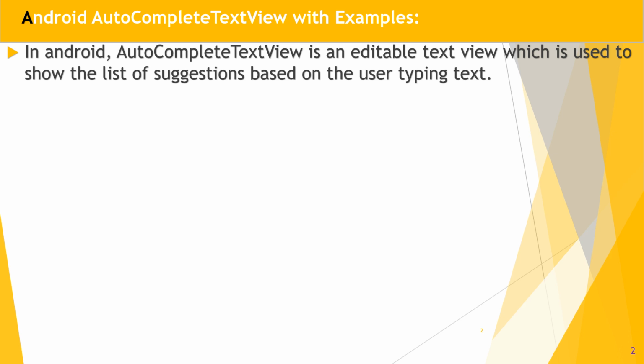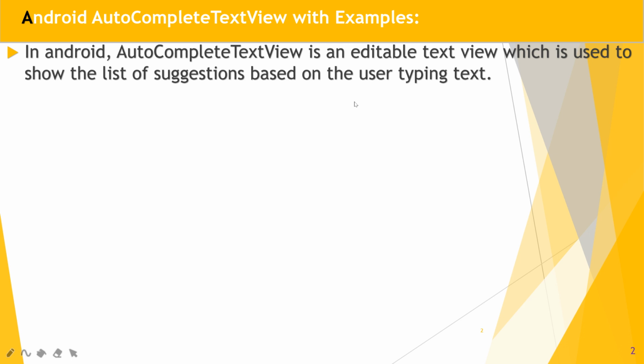In Android, autocomplete text view is an editable text view which is used to show the list of suggestions based on the user typing text.